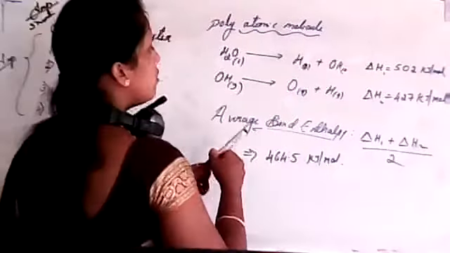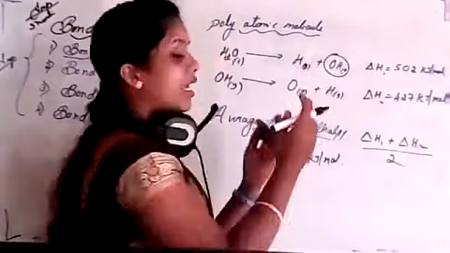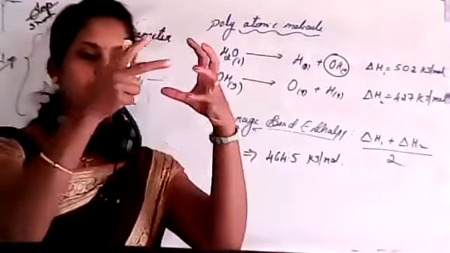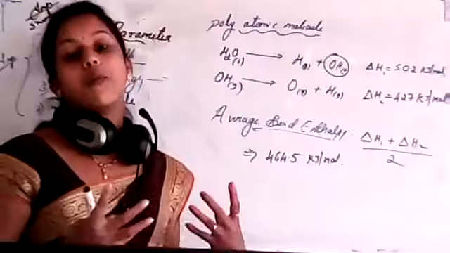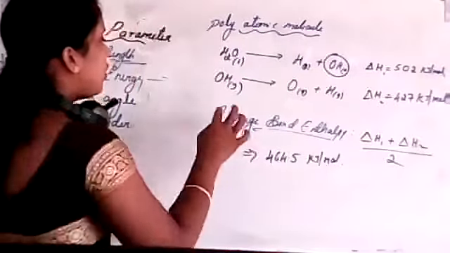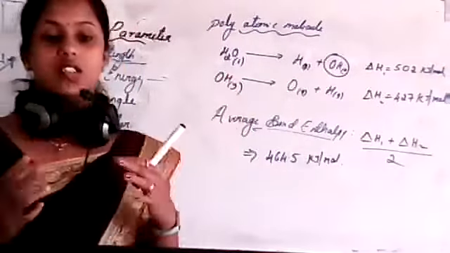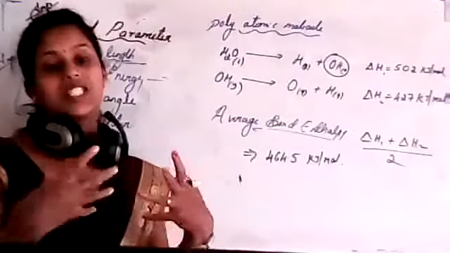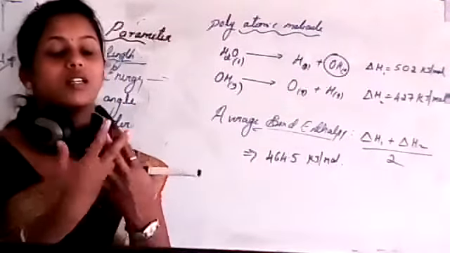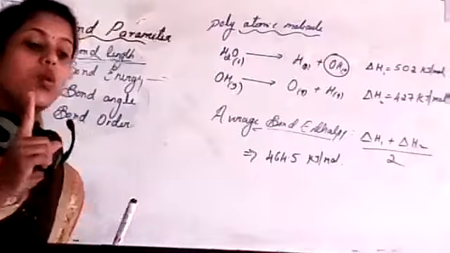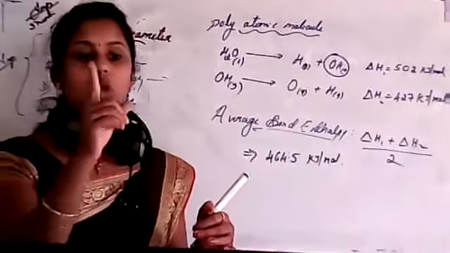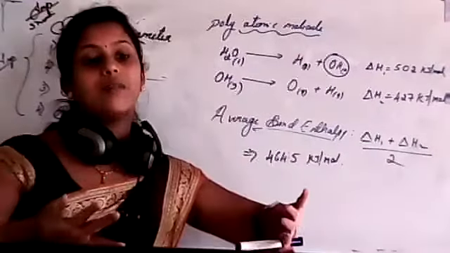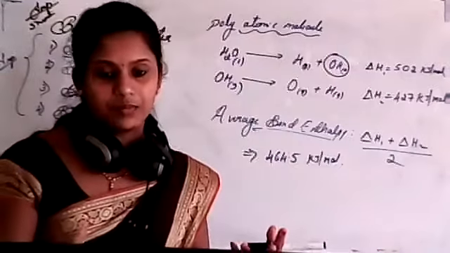Clear? Because there is an OH which is again a molecule. Oxygen and hydrogen compose with each other to form OH, isn't it? So that's why we have to convert it into gaseous atoms. What was the definition or statement? The energy required to break 1 mole of bond and separate them into gaseous atoms.